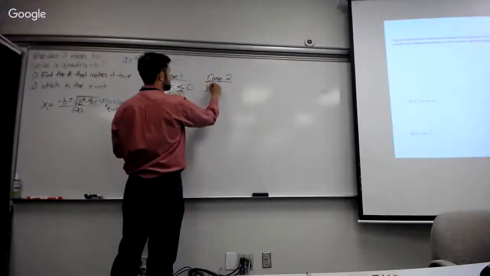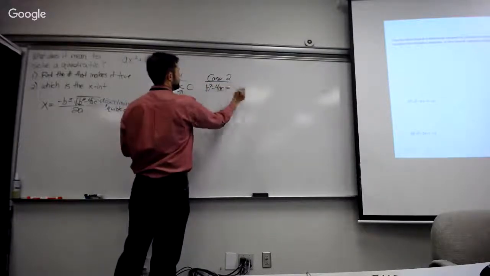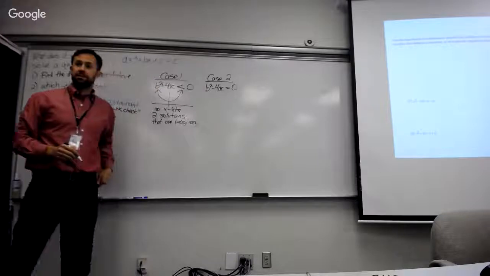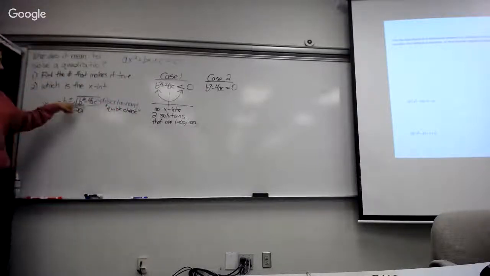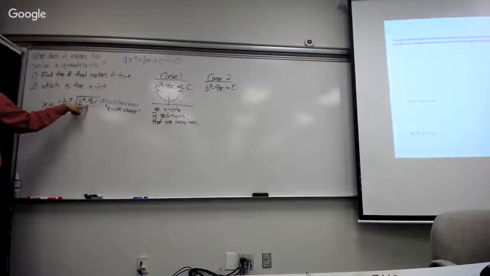What if b squared minus 4ac was not less than 0? What if it was equal to 0? So this part, right underneath the square root, is 0. What would that tell us? There is one intercept. And so let's follow that chain of reasoning. What's the square root of 0? 0.